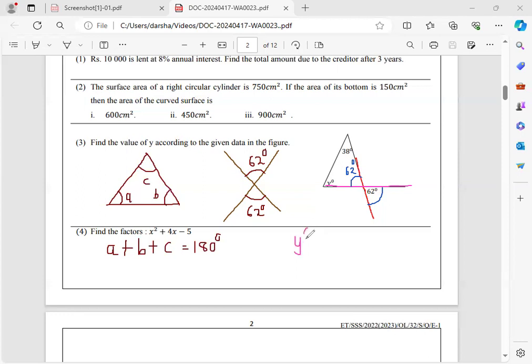So y degrees plus 38 degrees plus 62 degrees is equal to 180 degrees. What is the theorem I'm using?